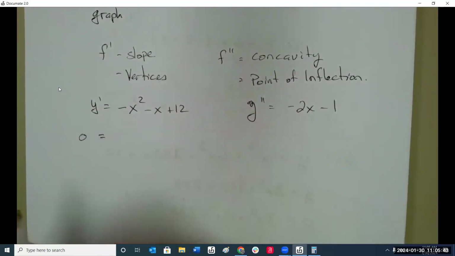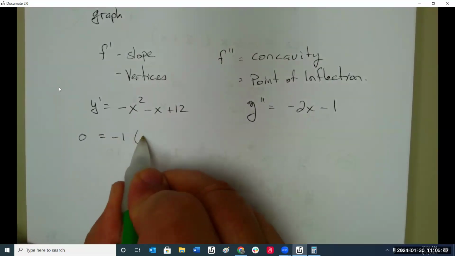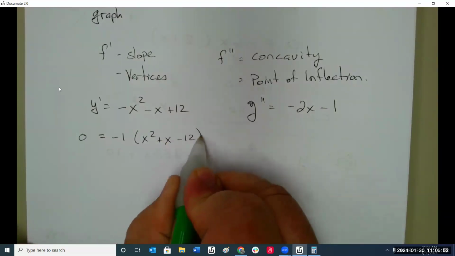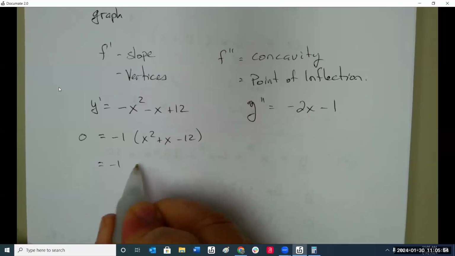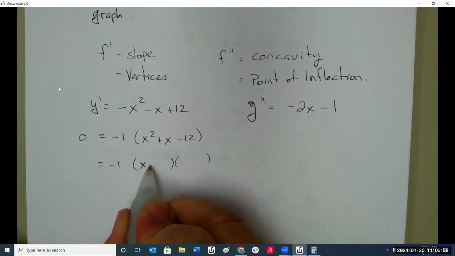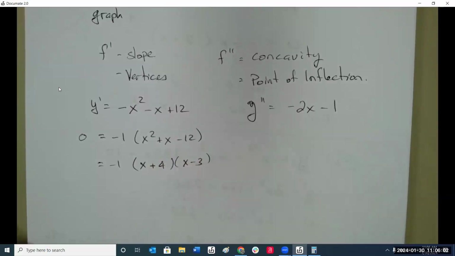So set this equal to 0. I can factor out a negative 1. I got x plus 4, x minus 3.